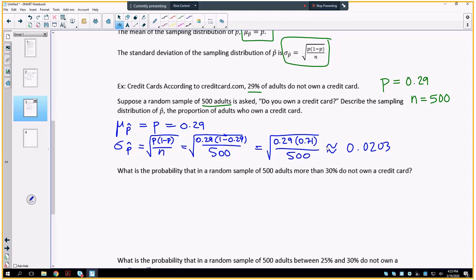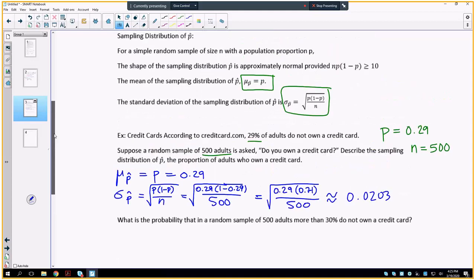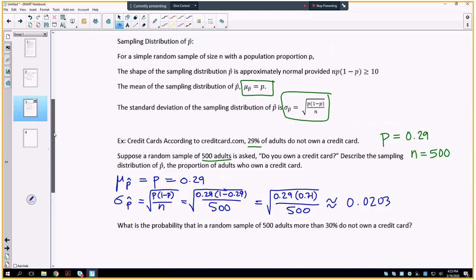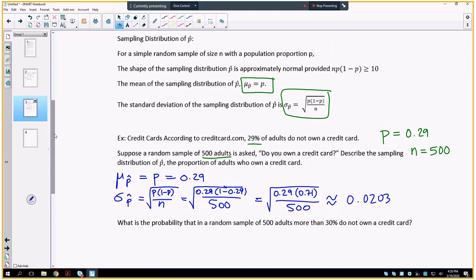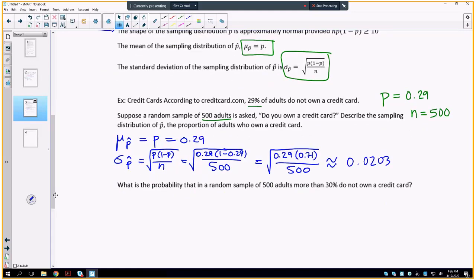We know that because we have a sample proportion, we need to check if n times p times 1 minus p is greater than or equal to 10. Then we can say that the shape is approximately normal. So let's check. n times p times 1 minus p, in this case, is 500 times 0.29 times 0.71.